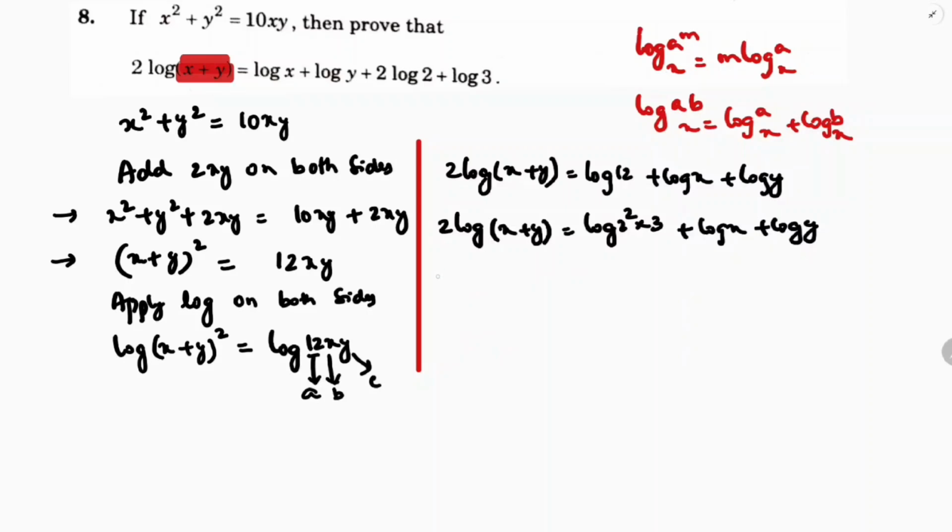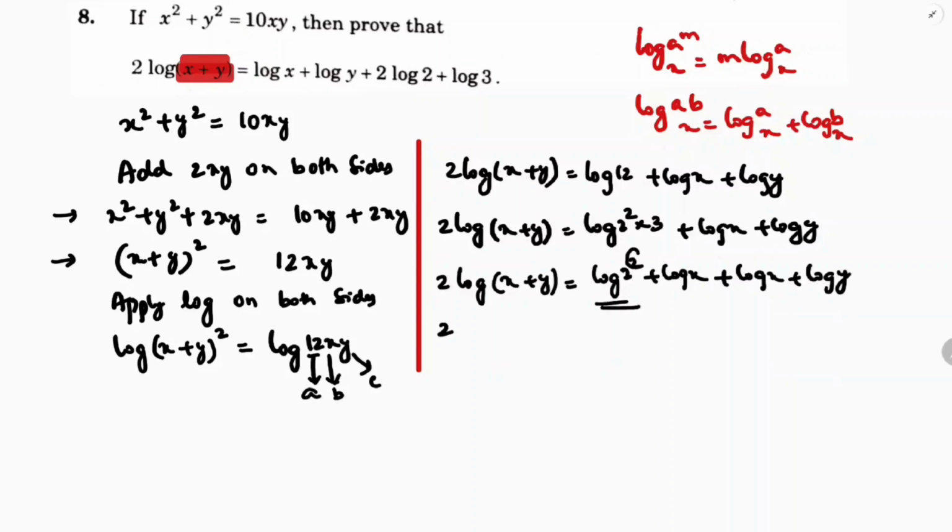Now here 2 log (x plus y), again here log ab, so log a plus log b plus log x plus log y. Here I'll apply logarithm of power again. This I'll consider as m.